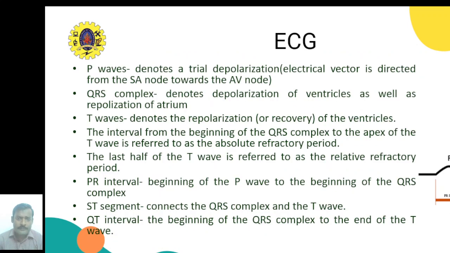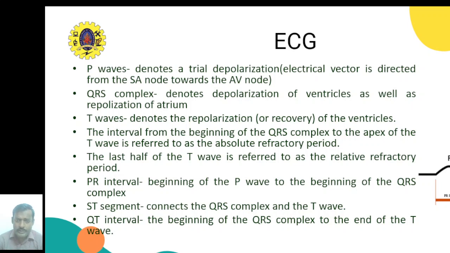Look at this ECG waveform. So this is the P wave, this is the QRS complex, and this is the T wave. The interconnection between the P wave and the QRS is called the PR segment, and the interconnection between the QRS and T is called the ST segment. The total interval for the P wave plus this segment is the PR interval.